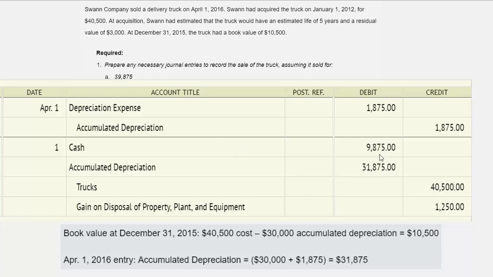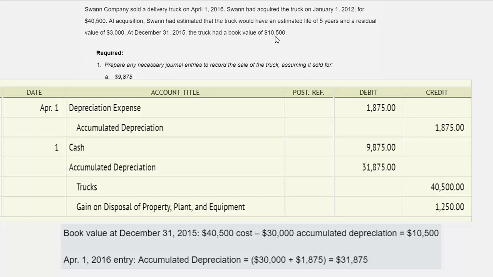So the other two entries we have to calculate are accumulated depreciation and the gain on disposal of property, plant, and equipment. Well, how did we come up with $31,875 of depreciation? Well, I believe they told us the book value at the time, and then we recorded some extra depreciation, right?